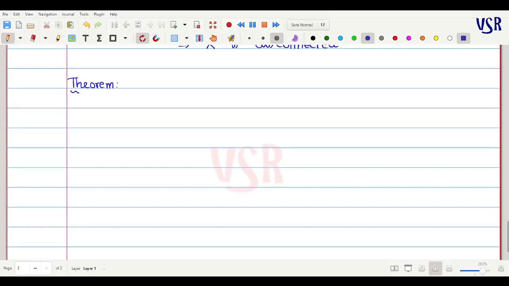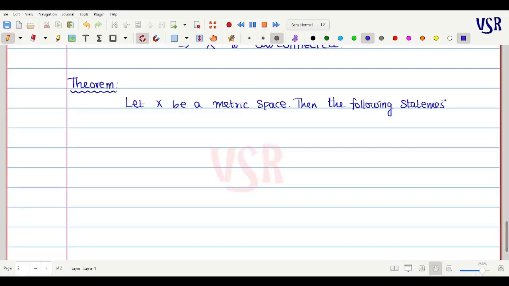Let capital X be a metric space. Then the following statements are equivalent.